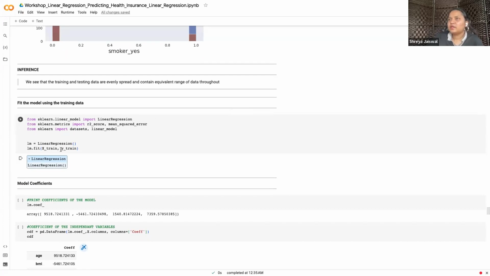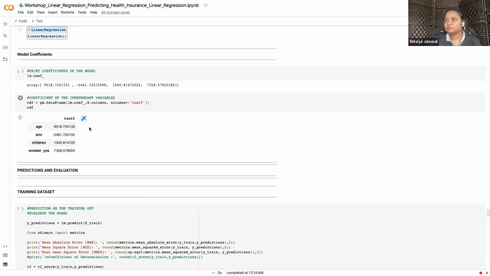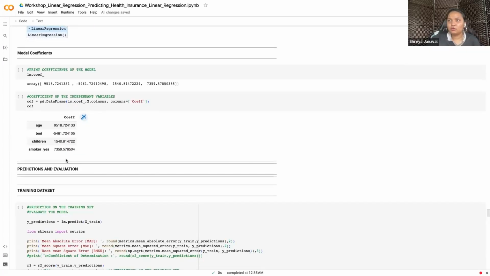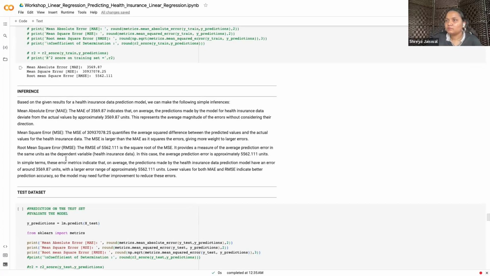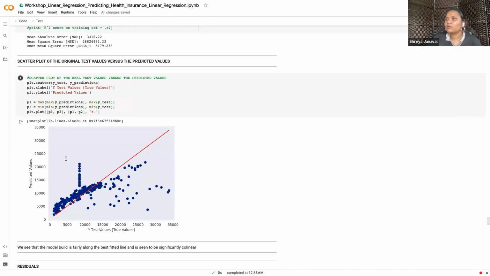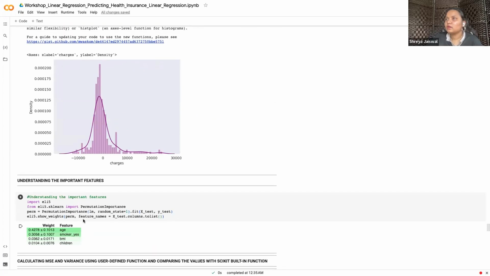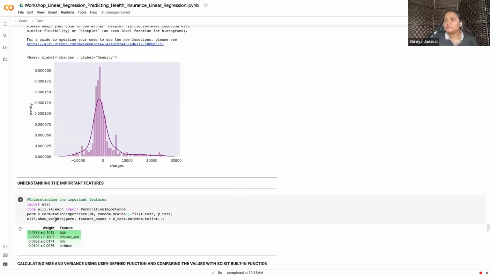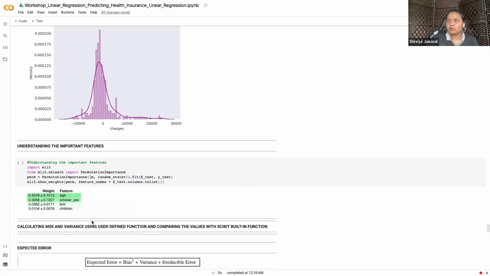This particular cell is just fitting the model, and these are the coefficients that we have got. We are plotting it, and this visualization on this table shows us which feature is significantly important in determining our response.